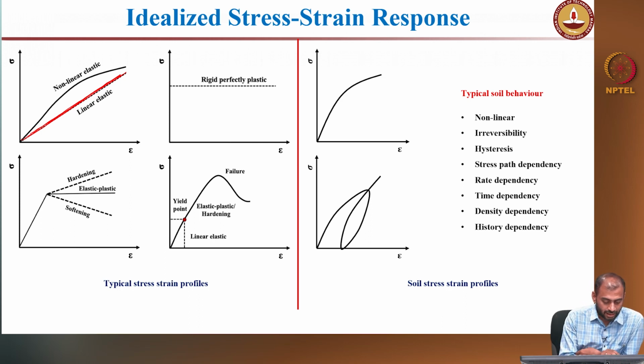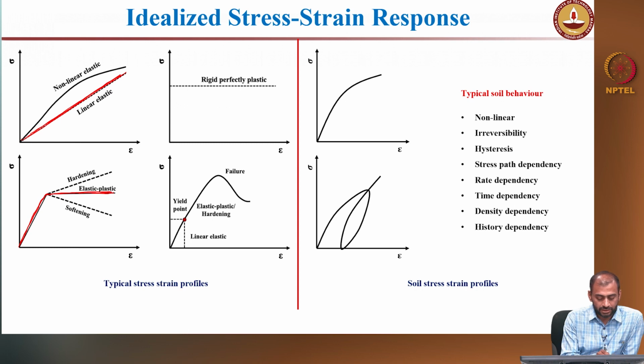So, again, another idealized stress strain plot is a linear elastic and perfectly plastic response. So, your conventional Mohr-Coulomb failure criteria, we will discuss what a failure criteria is in the later slides, but those sort of elastoplastic models are actually modeling a linear elastic initial part.